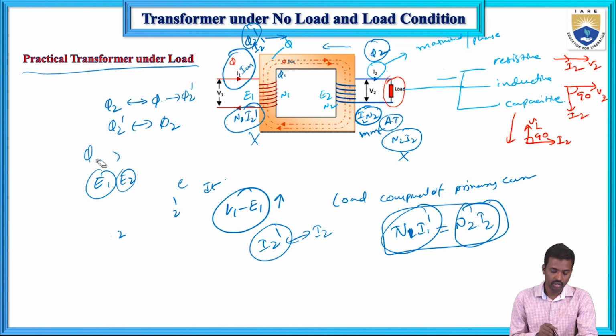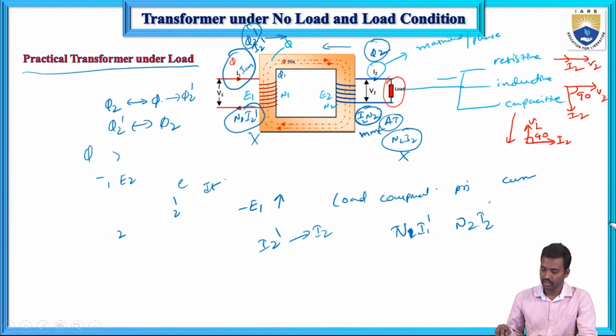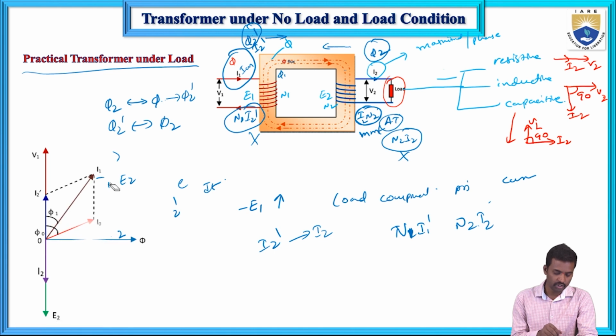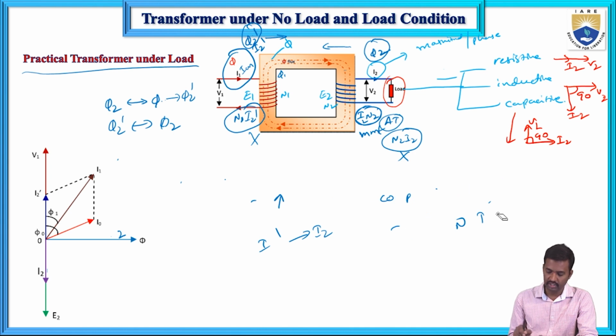If you draw the vector diagrams for this, first, if it is a resistive load, see the diagram. E2 and V2 are in phase here, and the remaining circuit is as it is. So only the difference is here. Let me change the color, red color.